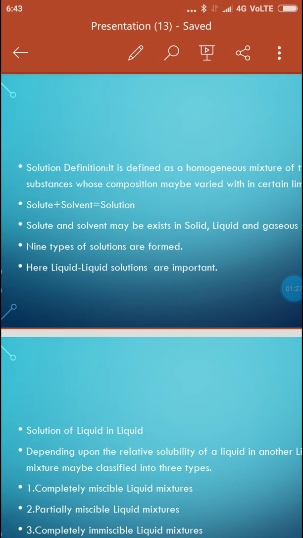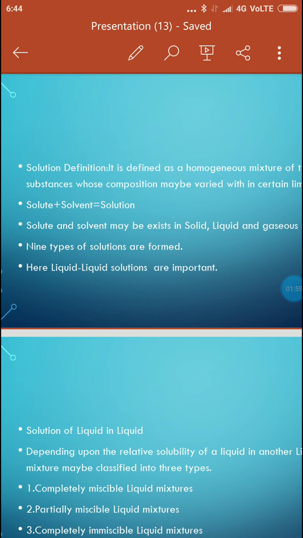In a similar way, if liquid is the solvent, the solute may be solid, liquid and gaseous state. So again, three types of solutions are formed. Listen carefully. If gas is the solvent, then the solute may be solid, liquid and gaseous states. Again, three types of solutions are formed. That means 9 types of solutions are formed.